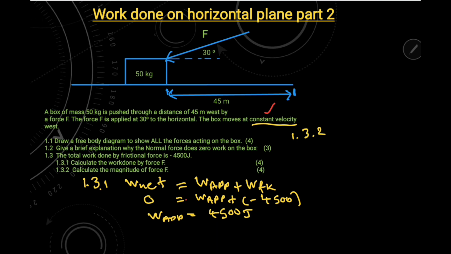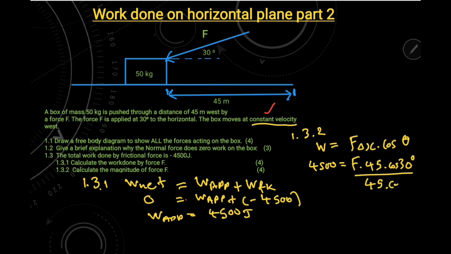The work is equal to F delta x times the cos of theta. The 4,500 is equal to F times 45 times the cos of 30 degrees. So we're just dividing both sides by 45 times cos 30 degrees.